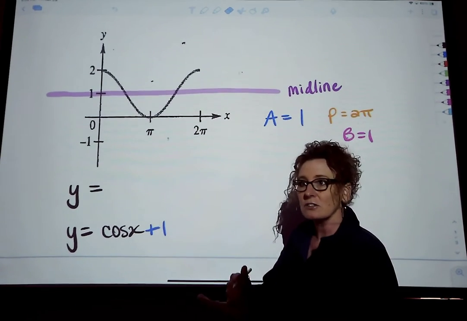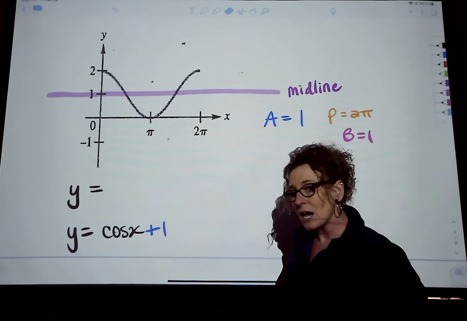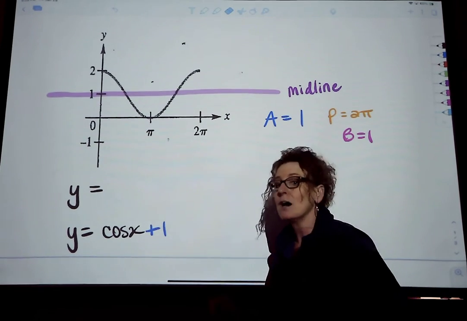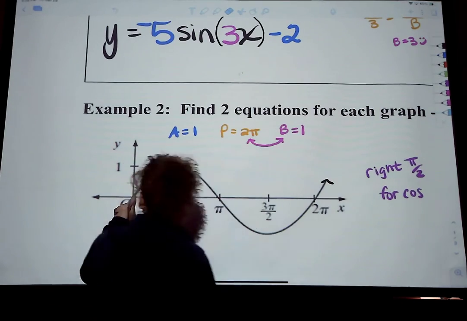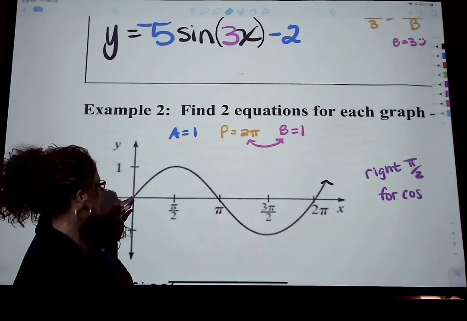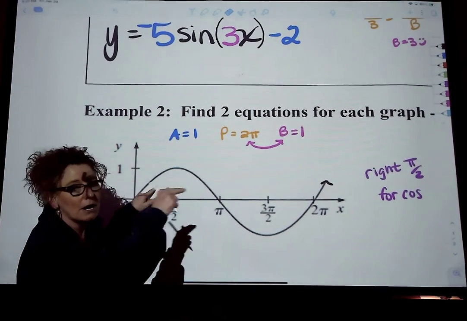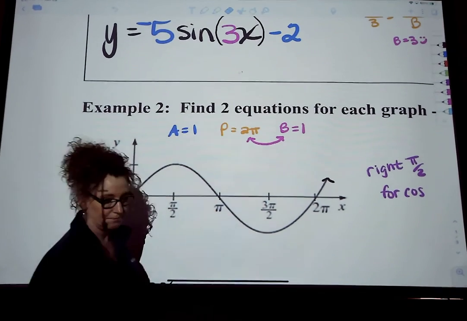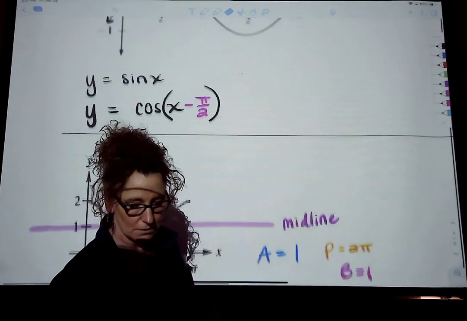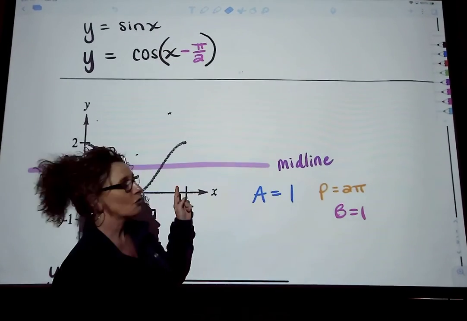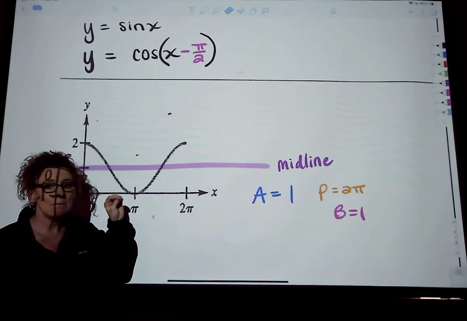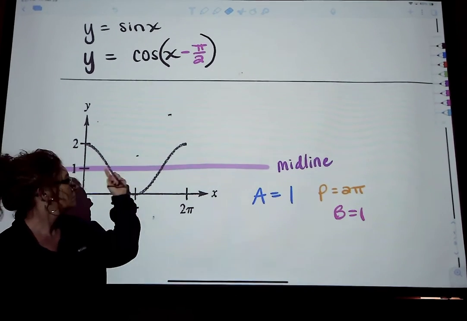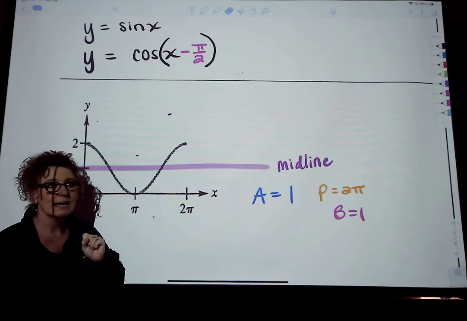Cosine starts on the midline and heads up. Let me remind you. Cosine starts on the midline and it heads in the positive direction. Where does the graph, the black function, touch the midline and head up?